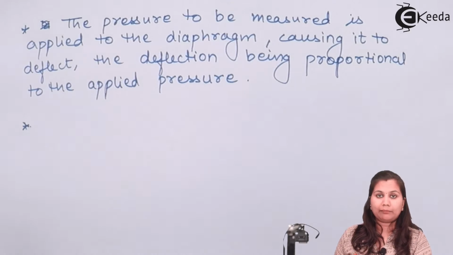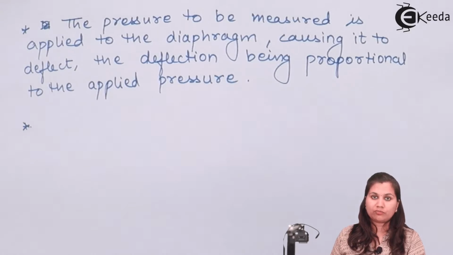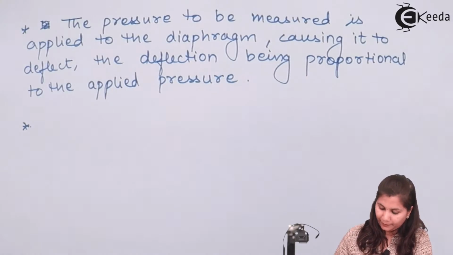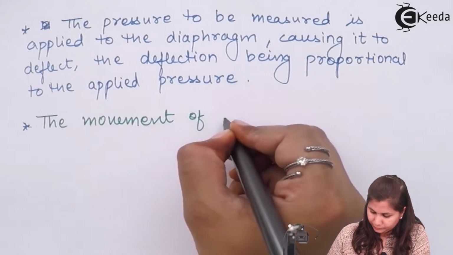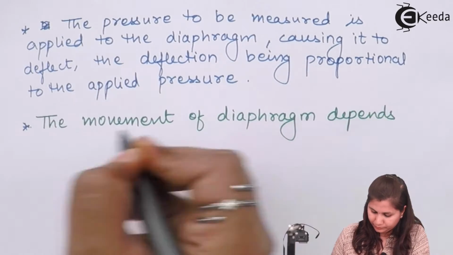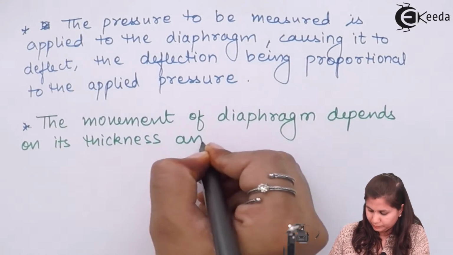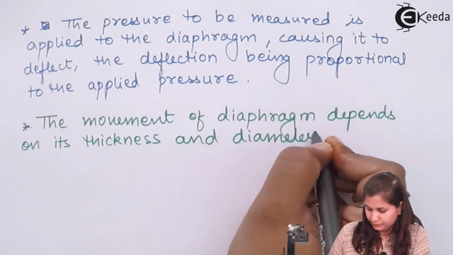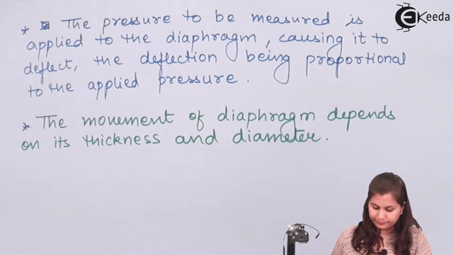If the thickness is less, then the diaphragm is going to move more, or larger deflection will be produced. So the movement of the diaphragm depends on its thickness and the diameter.